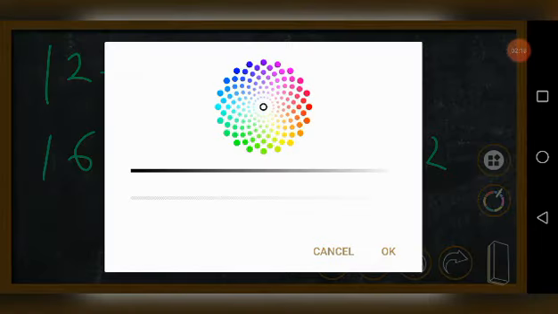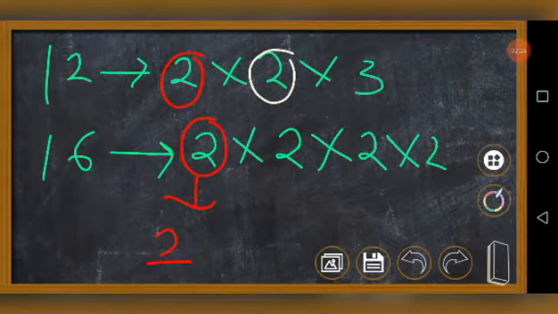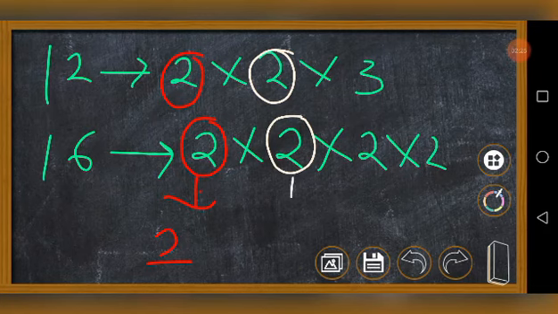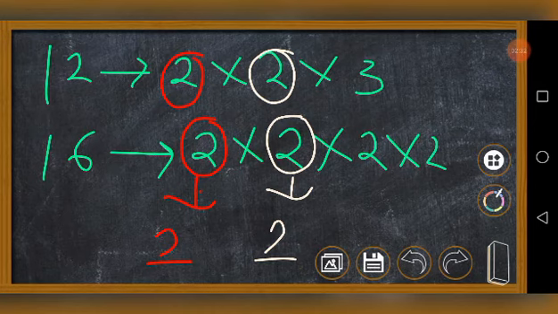And we have another common factor, 2 is repeating. Again, we can take only 2. Now for the HCF or GCF, we have to take only the common numbers, and the non-common numbers we will not take, unlike the LCM.